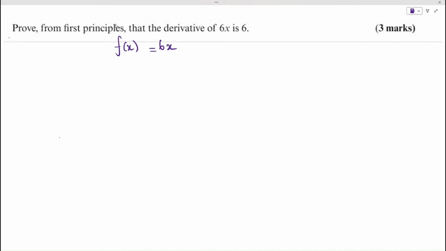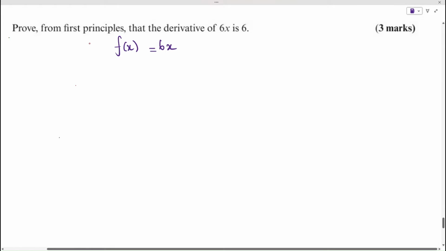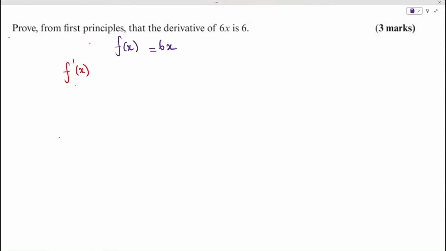And we can now use our formula for differentiation by first principles, which is f prime of x is equal to the limit, as h tends to 0, of f of x plus h minus f of x all over h. So limit can be shortened down to lim when we are writing it in our working out.